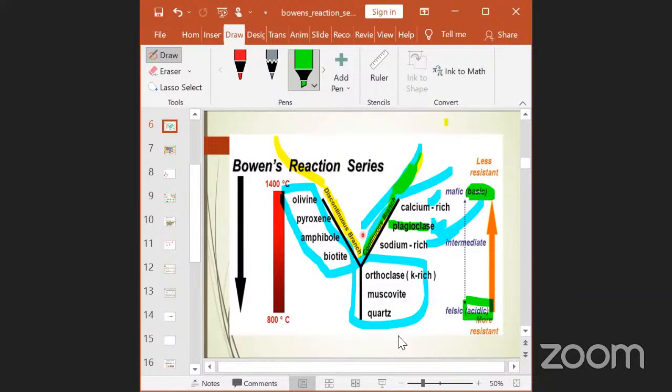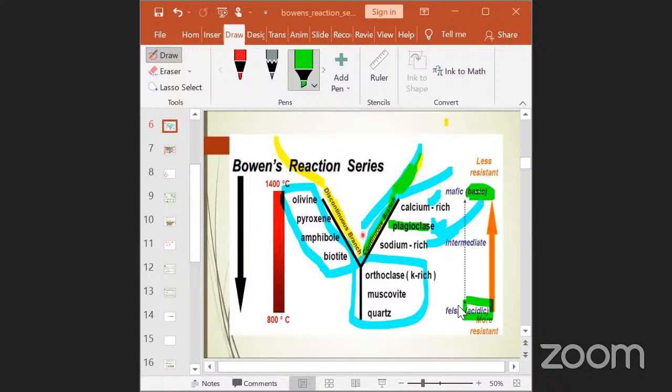Then we will form minerals like olivine, pyroxene, calcium rich plagioclase, and no quartz, right?